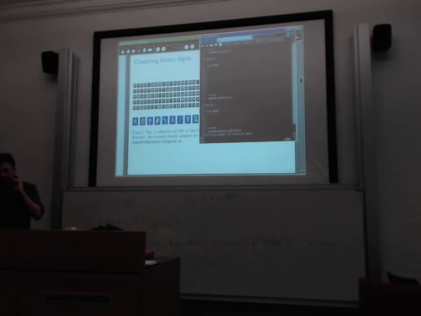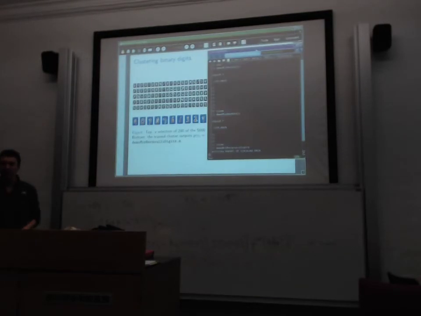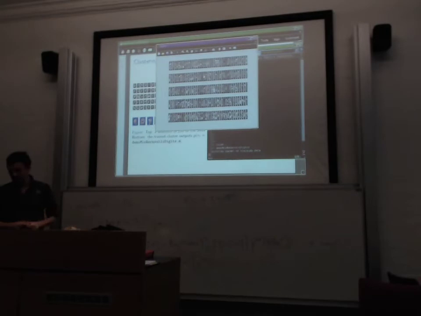It's exactly the same algorithm, there's no change, except it's struggling a little bit. So this is our subset of the data.